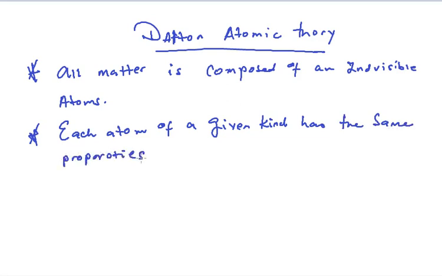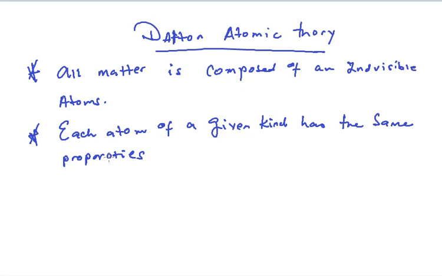So what it means is actually that each atom of a given element has the same properties. In other words, mass is one such property. For example, the mass of carbon is not equal to the mass of hydrogen, or the mass of sodium is not the same as the mass of oxygen. So mass would be considered as one of the properties in this case.